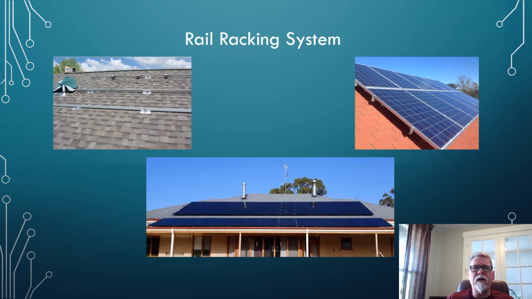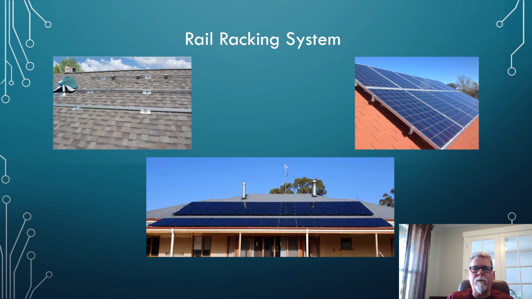So as you can see here, here's a couple of pictures of a rail system. You can see the rail stick out of the end. Most rail systems have some type of a cap, or in a lot of cases they just don't put them on, they just let the rail stick out. You can see here where you've got the three rows of rails, so there's going to be 2 rows of panels here.